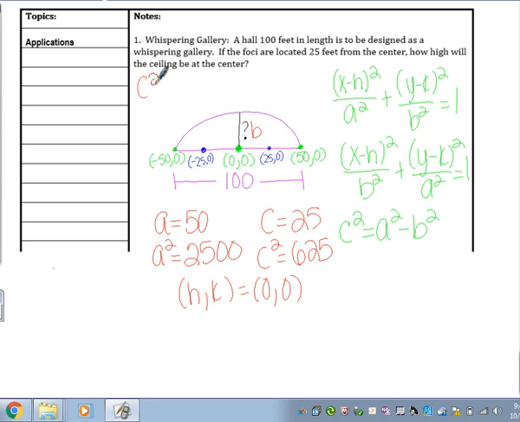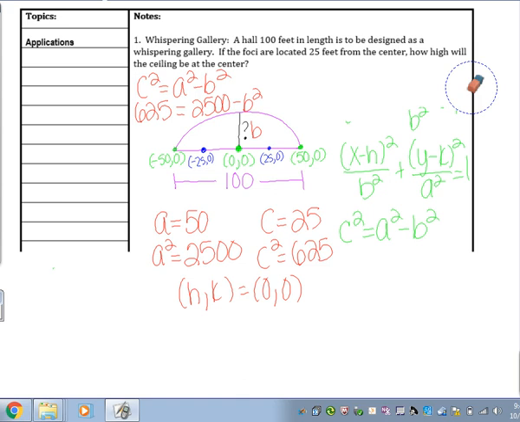So that would be c squared equals a squared minus b squared. And we said c squared was 625, so 625 equals 2,500 minus b squared. I'm going to go ahead and erase this because I don't need these.